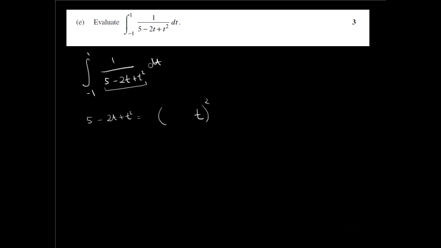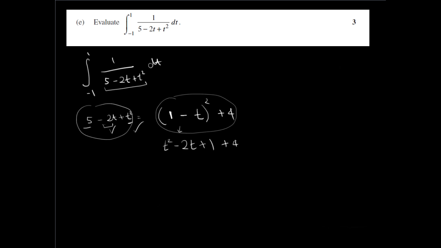t, because t squared is t squared, which is what we want on the left hand side. I want to halve the coefficient of t, so that's 1, and if I put a negative here, this would expand to t squared, which is what we want, minus 2t, which is what we want, but it will introduce a 1, and so what we want is a 5, so I'm just going to add a 4, and so this can be equal to that.